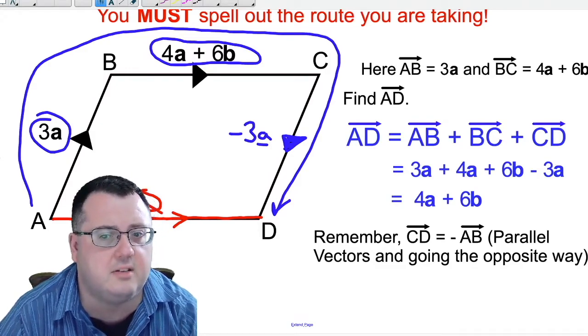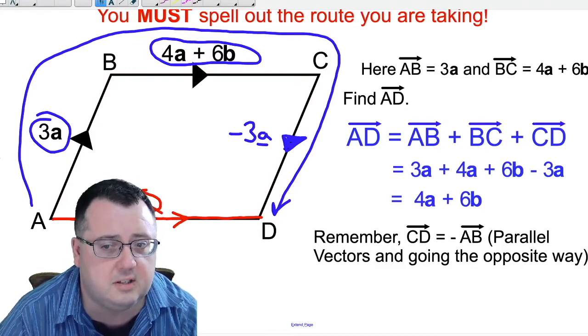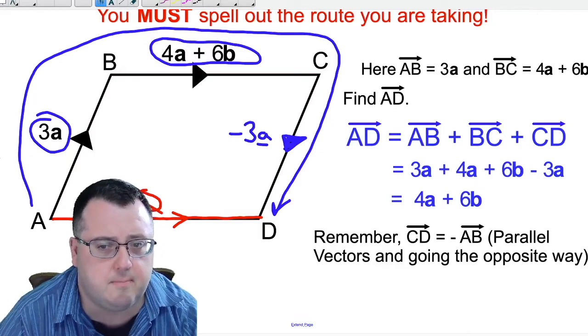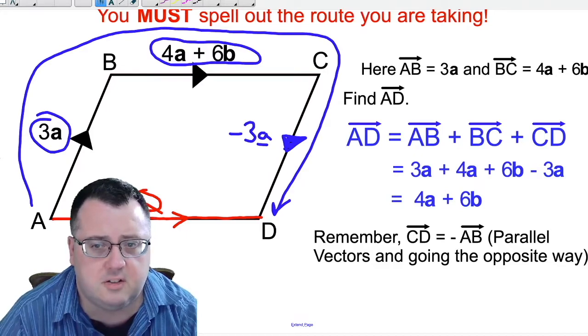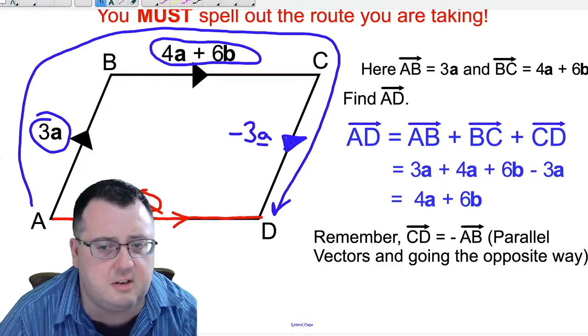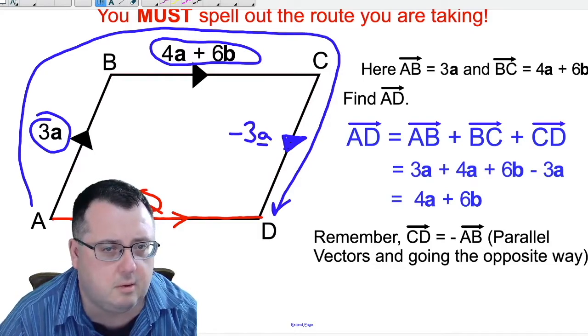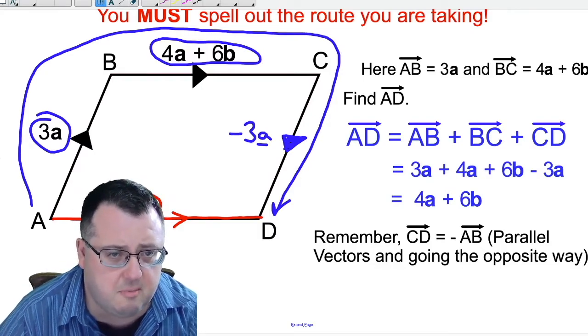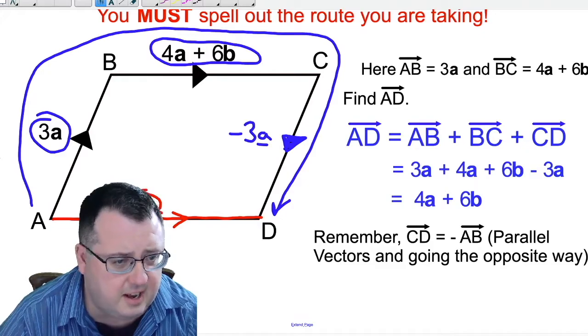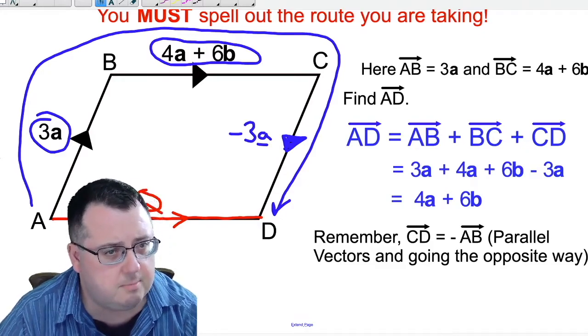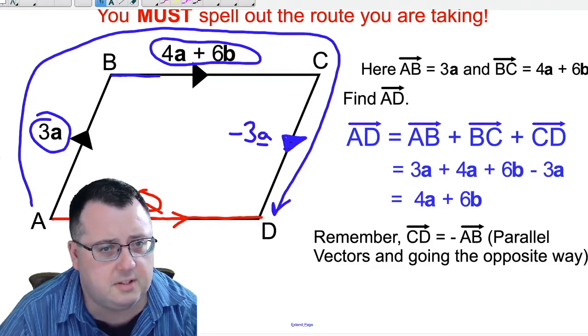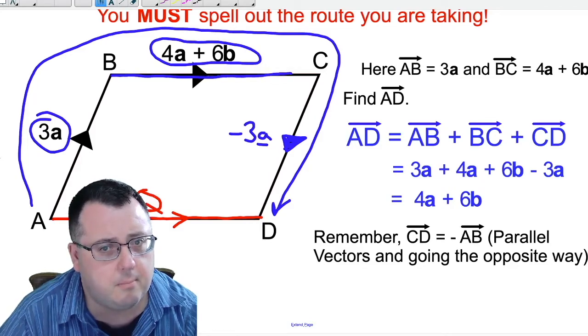Subtract 3a makes 4a. And then add 6b. So I know that AD is equal to 4a plus 6b. The other thing you may have noticed is that vector AD is parallel to BC.